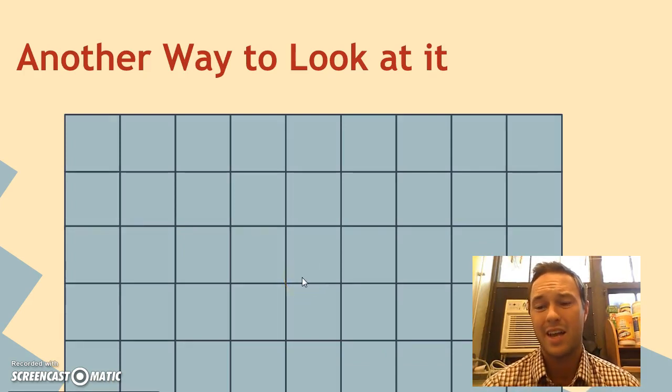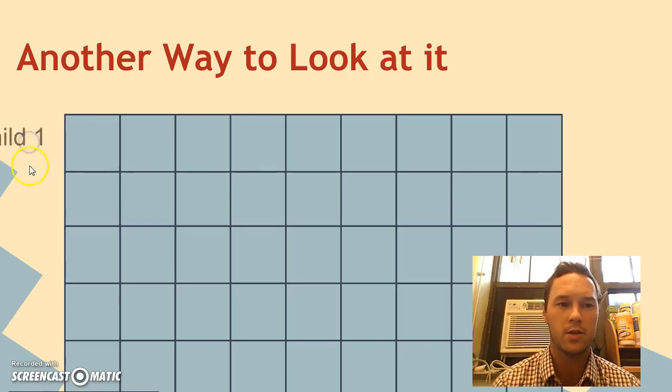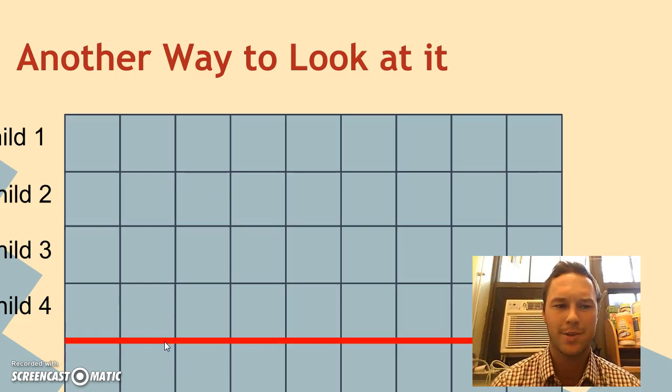So this one, you're not always going to have a number grid around, but it also does explain pretty well the concept of division. So how many children did we have? We had 1, 2, 3, and 4. And after that 4th one on our number grid, we really want to just draw a line across, because that's our bottom.